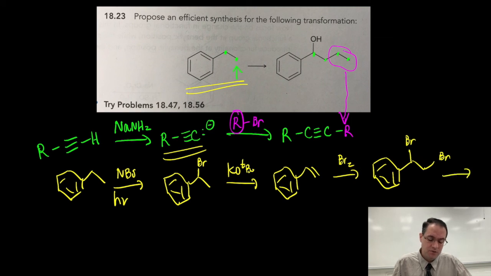And then if I treat that with excess sodium amide and then water, I'll form phenylacetylene. I'll draw it in green because that matches kind of what I have up on the top of the slide here.